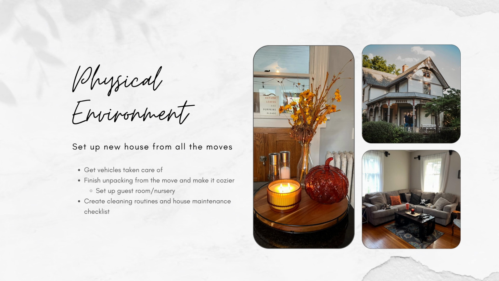So for right now, my physical environment, my main focus is going to be to set up the new house from all the moves. We moved myself out of my large house when I got my divorce into my apartment. We moved my husband up here from Florida, and then we had to combine both of our stuff into one apartment. So a lot of stuff went to storage.